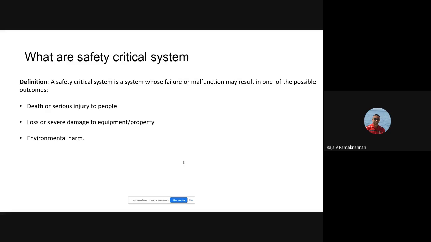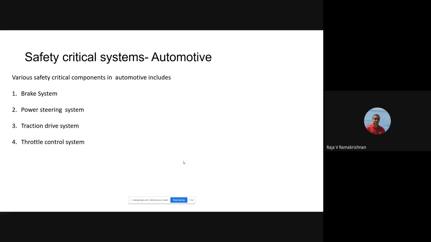Before I start on what is changing, what does a safety critical system mean? A safety critical system is a system whose failure or malfunction may result in death or loss of life, severe damage to equipment, or environmental harm. In a vehicle, there are a lot of safety critical systems. The key ones we have to worry about are basically the brakes, power steering, traction drive if it's an electric vehicle, and the throttle control system.